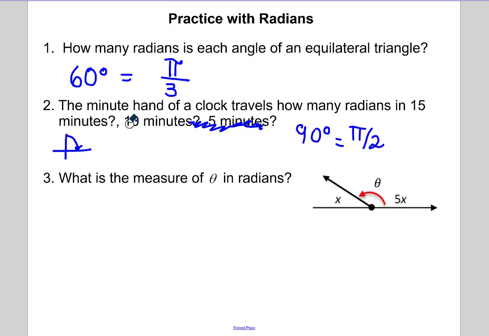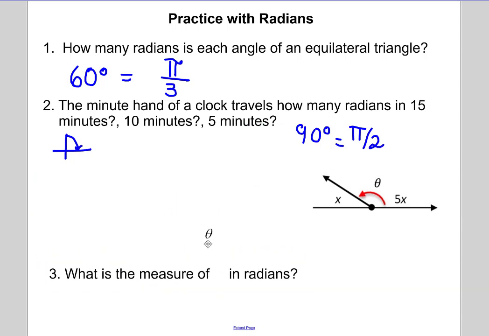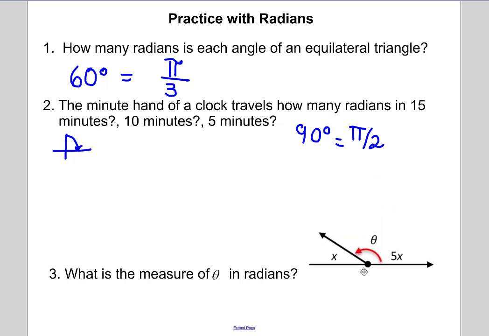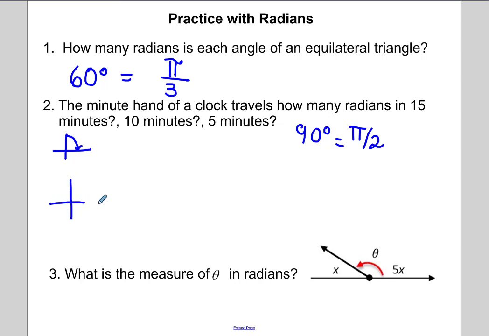In the 10-minute question, I'm going to move this down here. So the 10 minutes would be pi over 3, because it's going to go to the 2. We got 1, 2, 3.